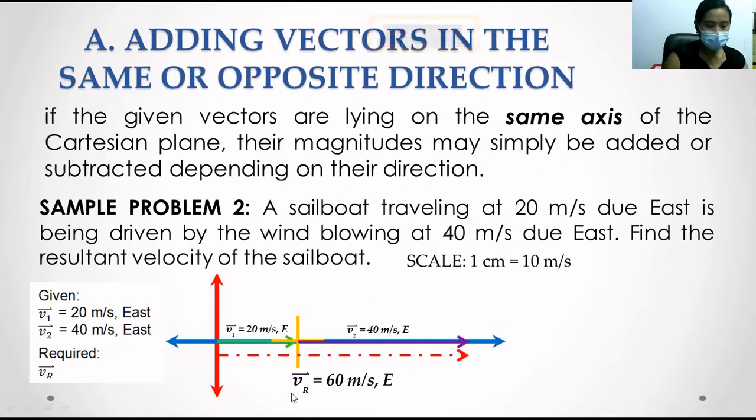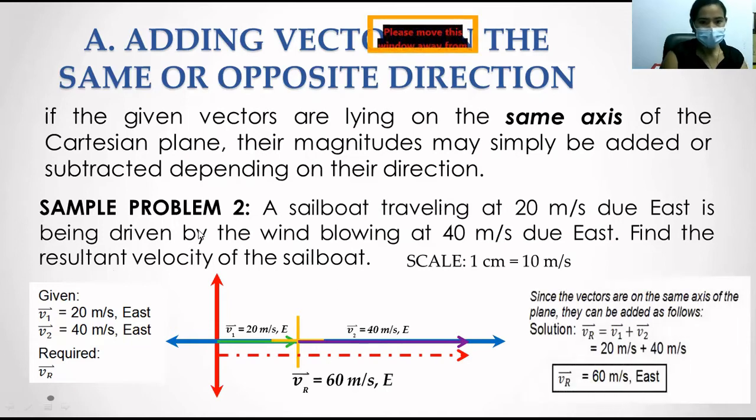So how did we arrive at 60 meters per second due east as our resultant velocity? Let's have a look at the following processes. Since the vectors are on the same axis of the plane, they can be added as follows. Solution: resultant velocity equals v sub 1 plus v sub 2. Our first velocity is positive 20 meters per second, since all directions pointed to the positive x-axis will take positive sign.